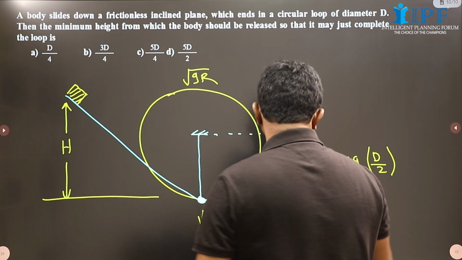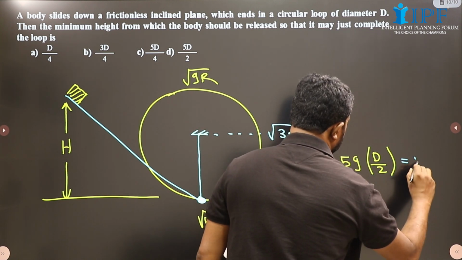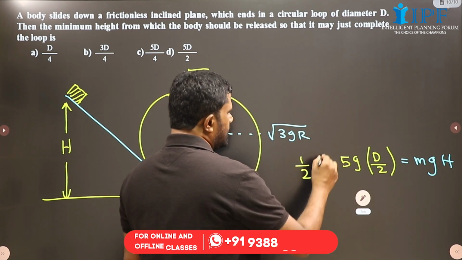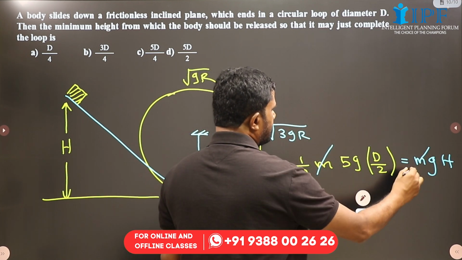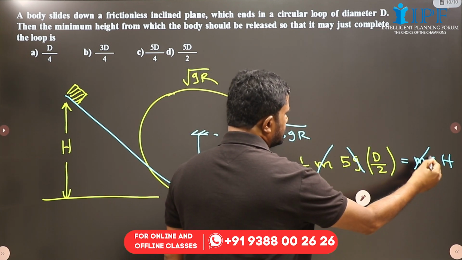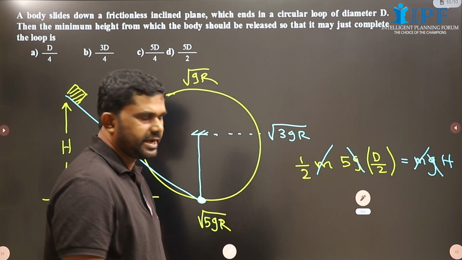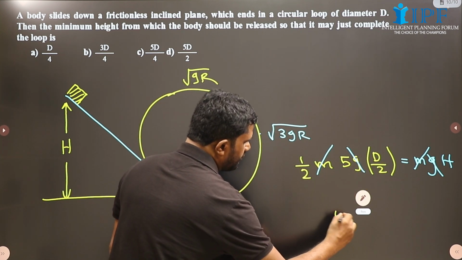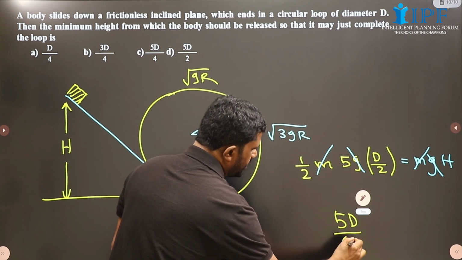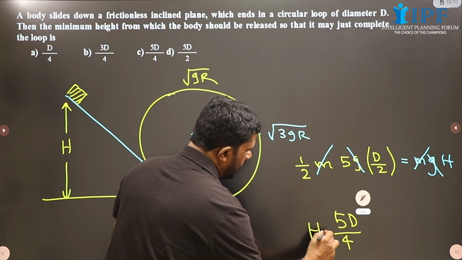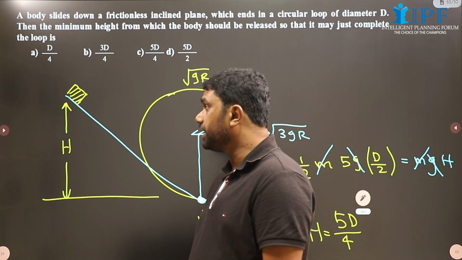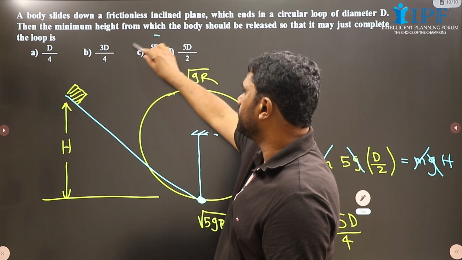That potential energy is mgh, so this is equal to mg capital H. Here we have m; this m and this m can be cancelled. This g and this g can be cancelled. So on the left side we have 5D over 4, 5D divided by 4. This is equal to capital H. So the minimum height from where the body should be released is 5D by 4.